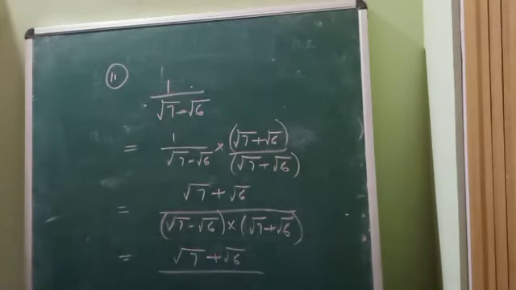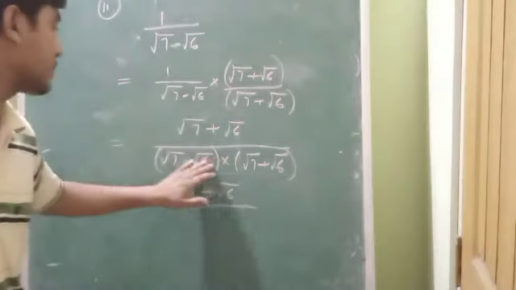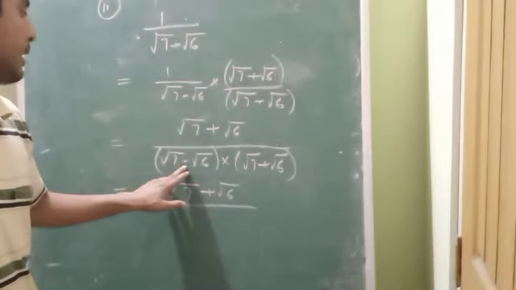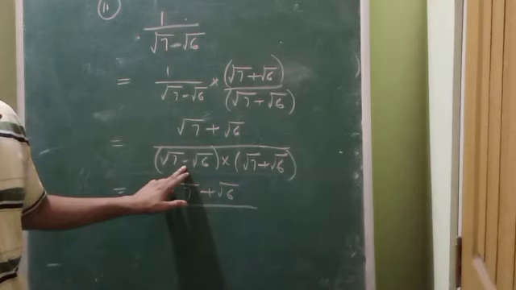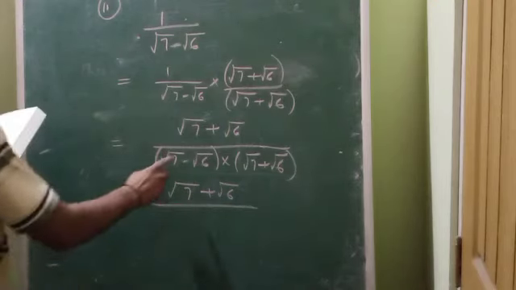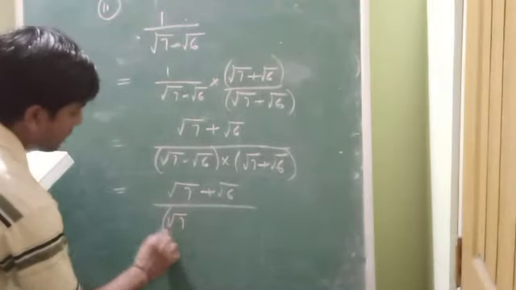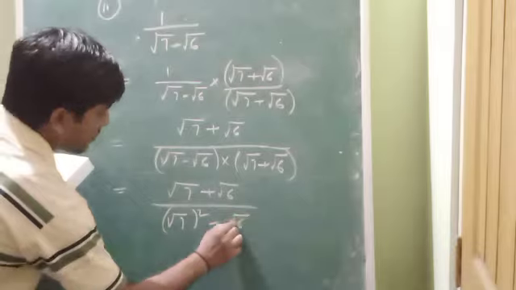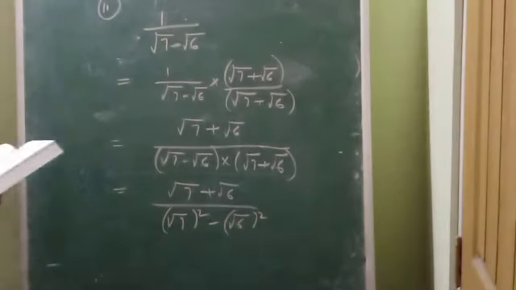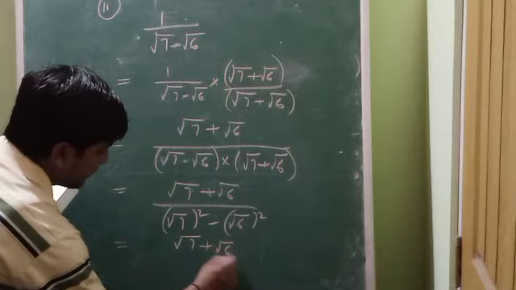It is very easy to multiply, because it can be simplified by using the identity a square minus b square. A minus b, a plus b, that means a square minus b square. So you can write root 7 whole square minus root 6 whole square. Clear?